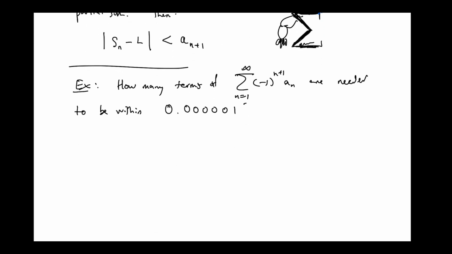All right, so how many terms do we have to add up in our, well, not just a sub n, but actually 1 over n, right? Because that's the series that we're playing with. So how many terms do I need to go out so that my answer is correct to within a millionth? Well, a bunch, right? But how am I going to figure this out?